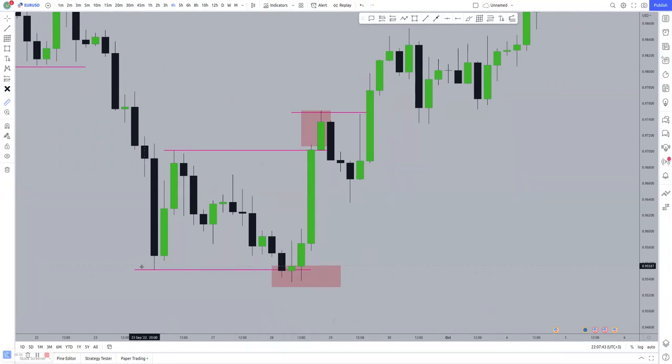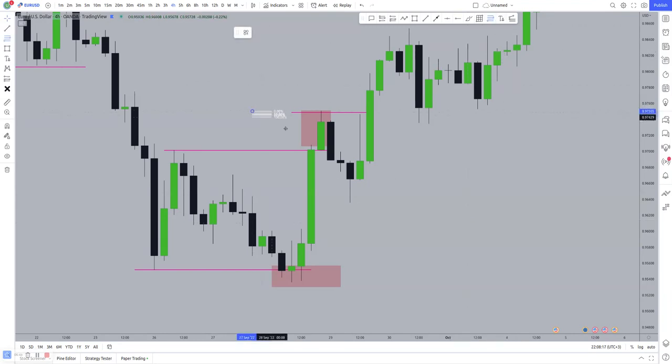If I show us again the difference, the pips from this low to this low, that is about 16 pips actually, but from this candle to this high, that is about 50 pips. So a move of 50 pips cannot be referred to as a grab of liquidity. That is a breaking structure.